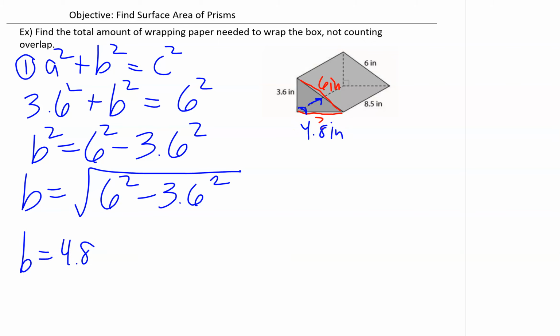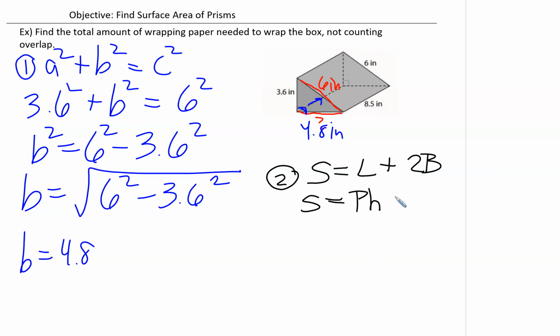All right, so now what I'm going to do is calculate surface area. So I'm going to use my surface area formula here, like I said. So my surface area formula would be my lateral area plus the area of my two bases, where my lateral area is my rectangles. And the way I find the lateral area, the area of those rectangles, is I take the perimeter of the base and I multiply it times the height of the prism.